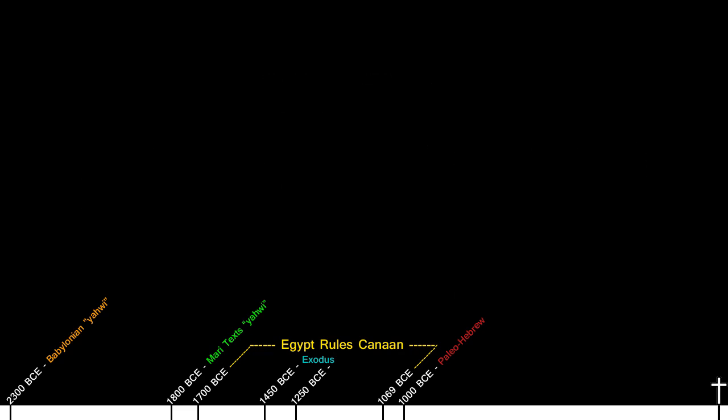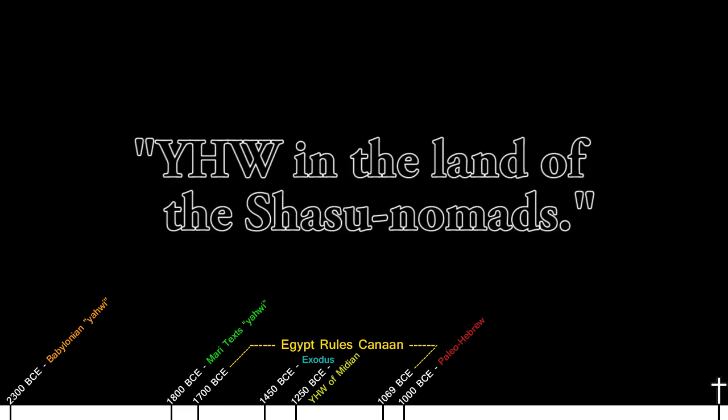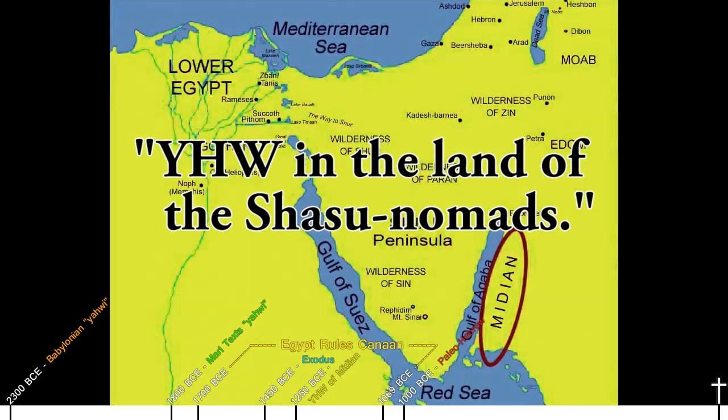There is also mention of a place name called Yahu, found in 13th century BC Egyptian records, which reads, Yahu in the land of the Shasu nomads. The Shasu were nomads that lived in Midian by the Red Sea. Yahu, spelled YHW, is a toponym, or the name of a stretch of land in Midian.